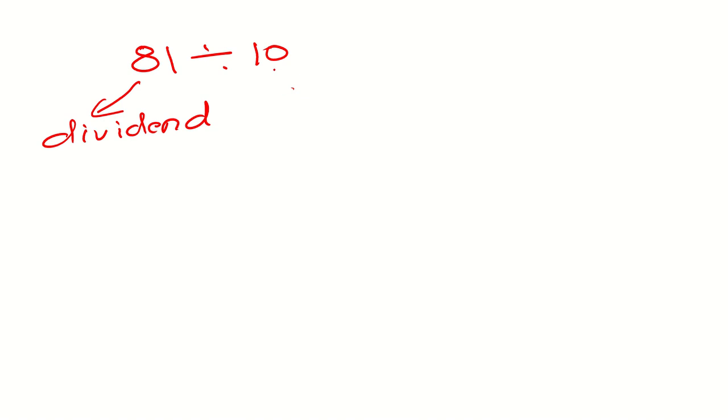Let's take numbers. If we take 81 divided by 10, this number 81 is called the dividend, and the number after the division sign is called the divisor. Now this can also be written as 81 divided by 10, like this.